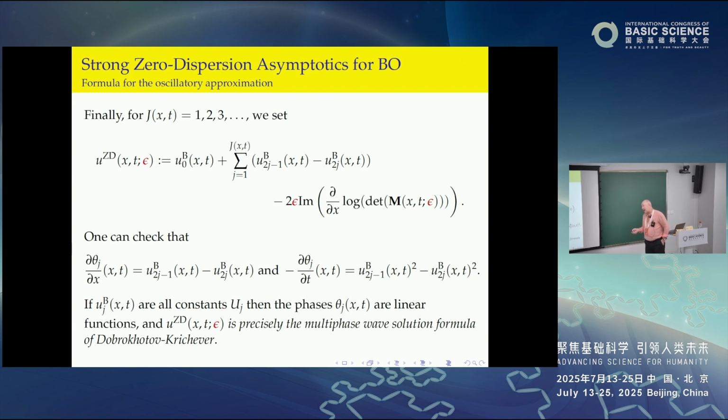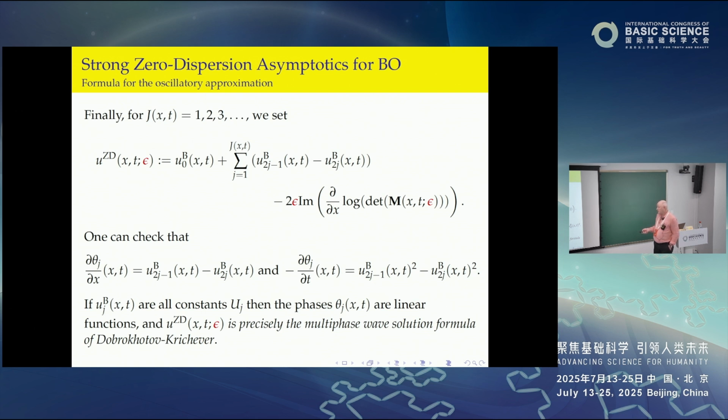So what one can check, from the definition of the thetas, is that if you differentiate these fast phases with respect to x, you get just the difference of consecutive Burgers branches. And if you take minus the t derivative, you get the difference of the squares of the Burgers branches.